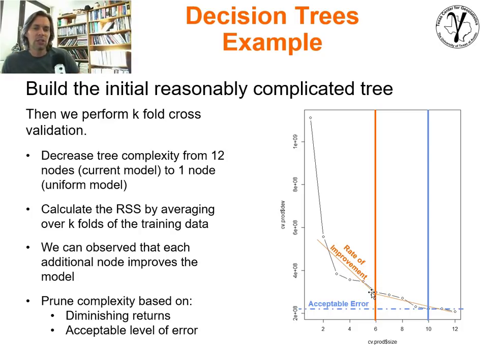There's just too little decrease in RSS from here on in. I'm going to say 6 nodes, not 10 nodes. Now, of course, that's subjective. You could also pick right here, because at 9 nodes clearly you're having very little incremental improvement, whereas here you had more. So you'd have to make a choice about what's an acceptable level, what's the required rate of improvement.